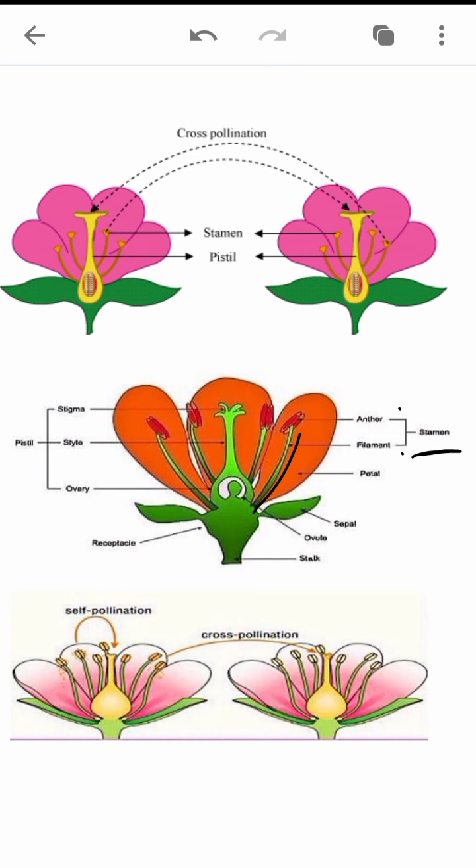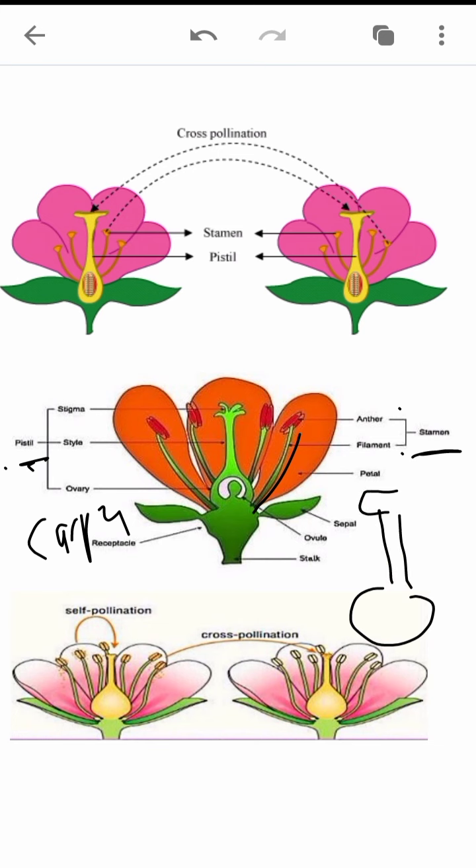The second one is the pistil. Pistil is also known as carpel. There are three parts: stigma, style and ovary. Ovary is like this way, and style and stigma are like this way. Now these are the parts of the flower.